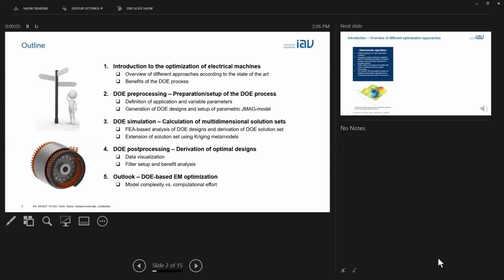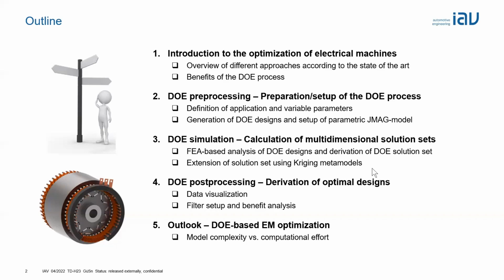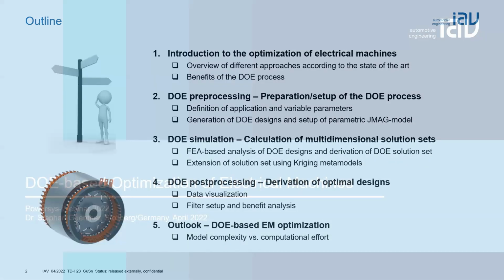At first, I would like to provide a short introduction to the different optimization. I think there's an issue with the sound. It keeps cutting off. Okay, wait. We can figure this out quickly. Share. Approaches according to the state of the art, including the. Okay. I'll try to restart this.